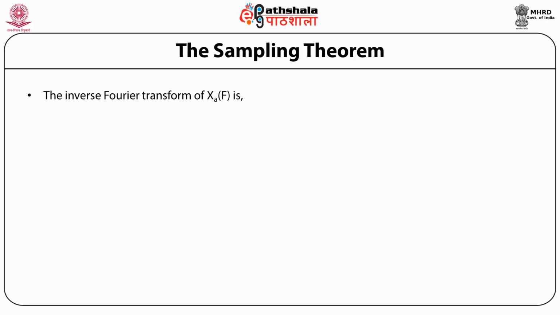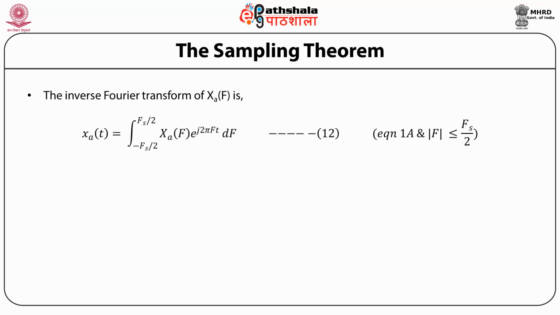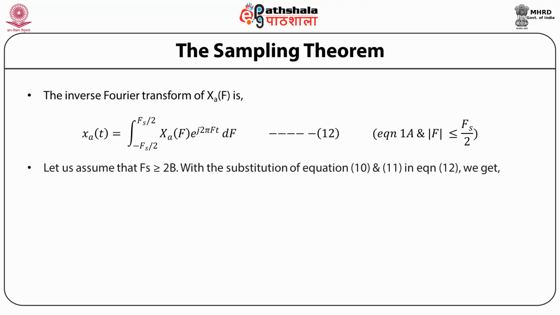The inverse Fourier transform of xa(F) is xa(t) equal to the integral from minus fs by 2 to plus fs by 2 of xa(F) exponential j2 pi Ft dF. Here modulus of F is less than or equal to fs by 2. Let us assume that fs is greater than or equal to 2B.